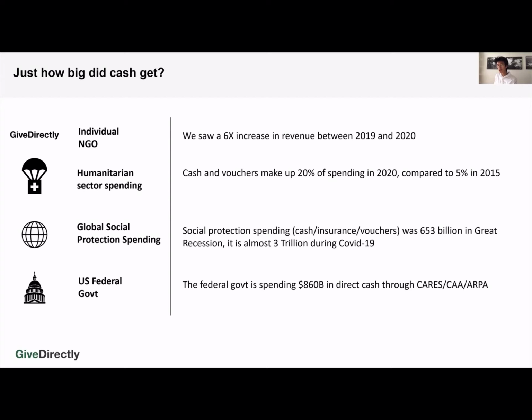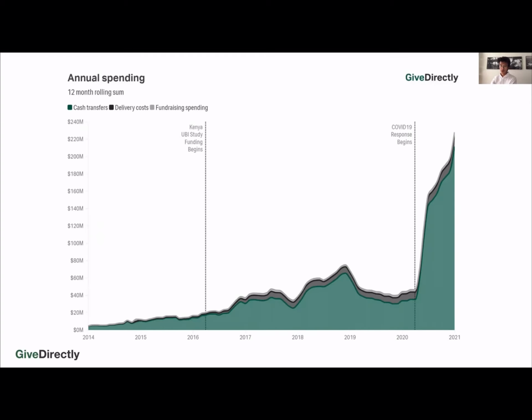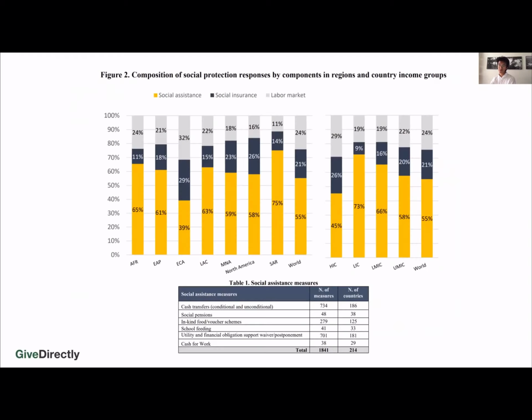And it's huge, monumental shifts. This is just a chart showing our annual spending. You see the second dotted line, just this giant jump since COVID happened.